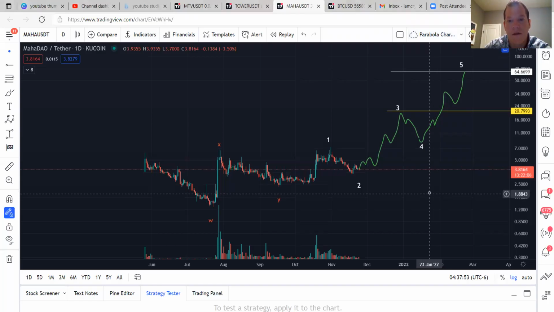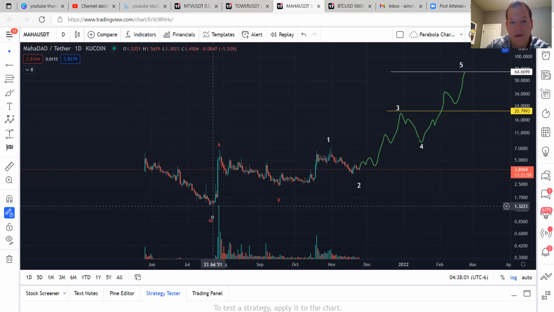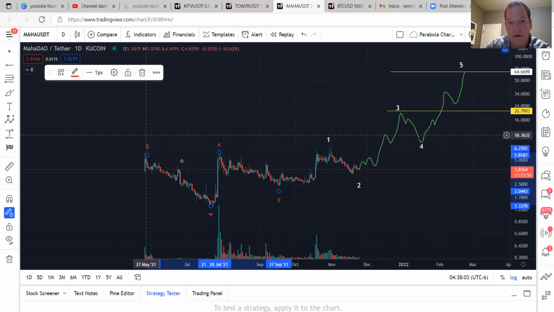All right, so this is MAHA. I view MAHA from a high time frame here, I view this entire move here as a complex WXY corrective wave.